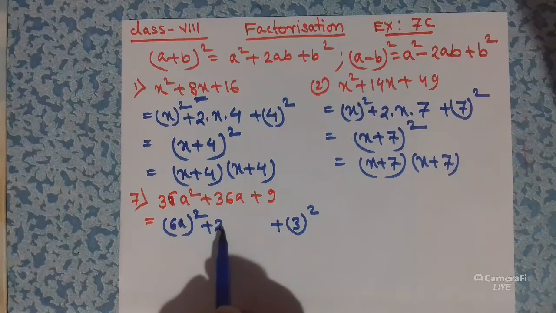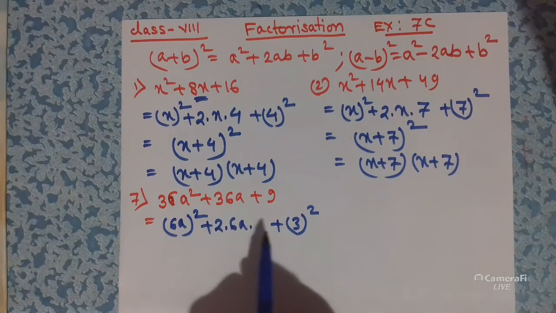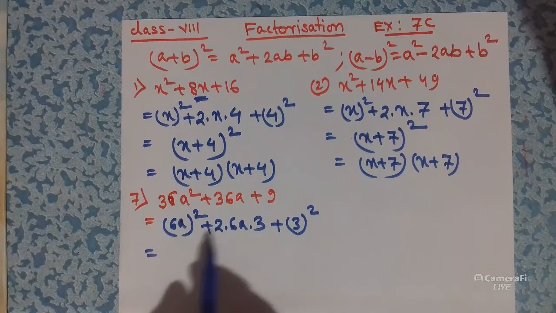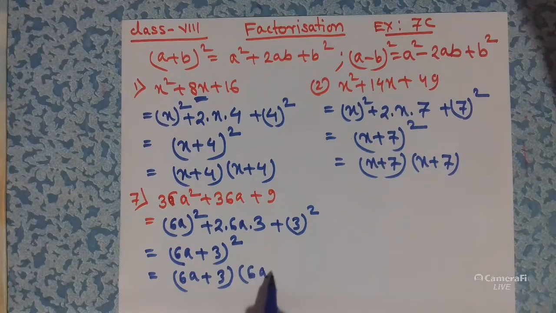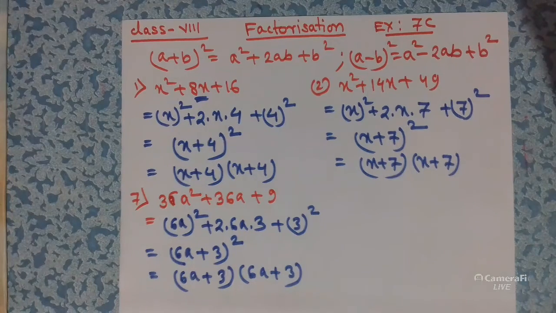So in the middle it will be 2ab, a means 6a and b means 3. So a square plus 2ab plus b square means a plus b whole square. So it can be written as 6a plus 3 and 6a plus 3.